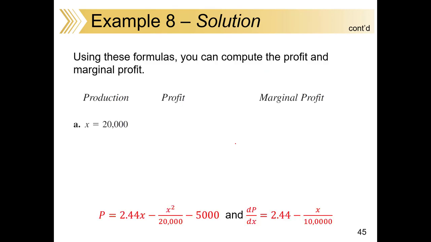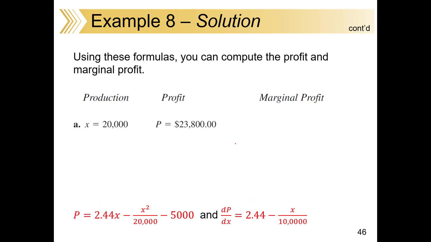So for 20,000, put the 20,000 in, and the 24,400, and the 30,000. So profit for the first one is 23,800, and the margin, and for the second one, oops, this isn't working the way I wanted, but you get the point.